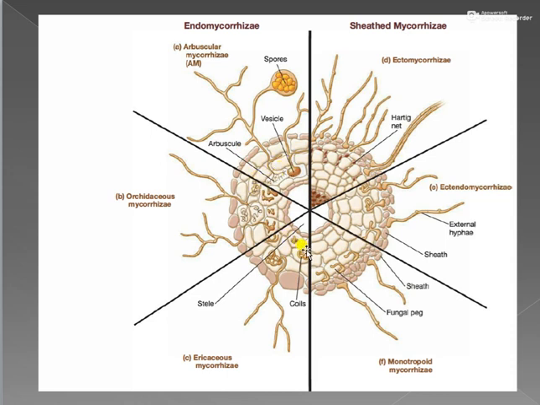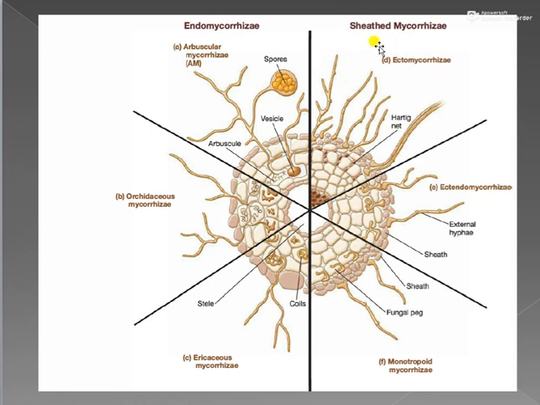When it penetrates into the inner sides of the cortical cells, that is referred to as an endomycorrhiza. And the ectomycorrhiza is found to be associated with the outer cells. It is not penetrating deep into the root cells. So based upon that, you can classify them as the ectomycorrhiza and the endomycorrhiza.